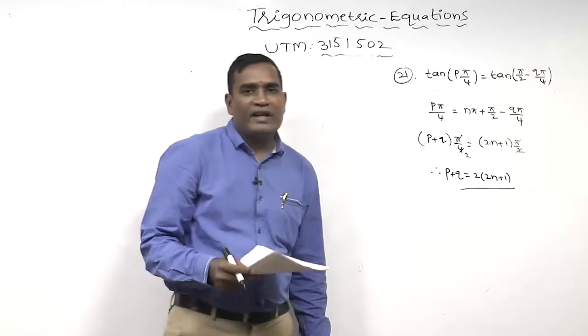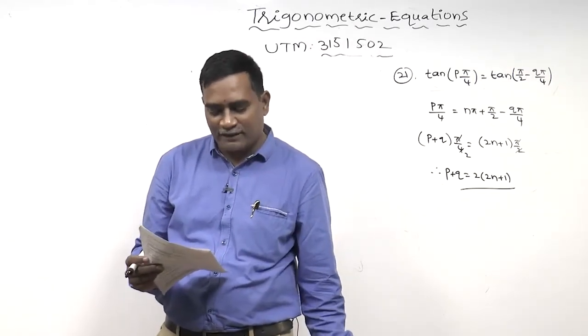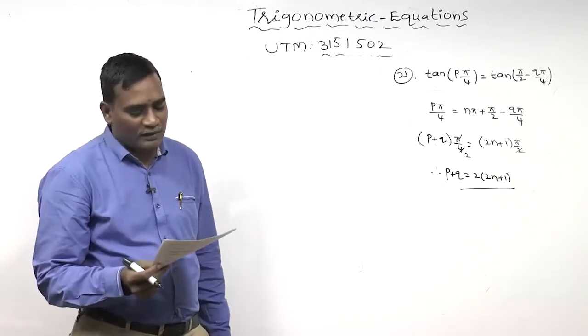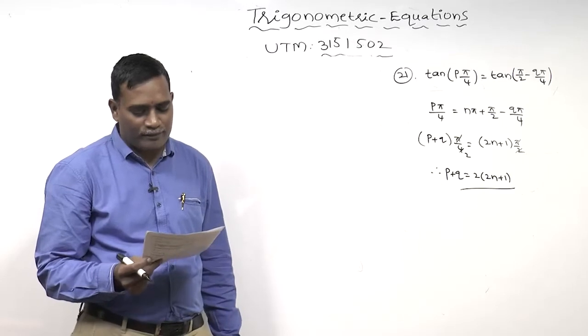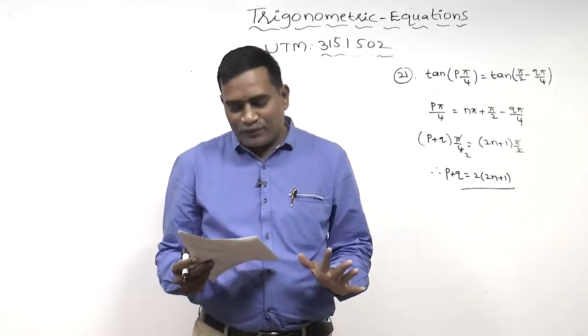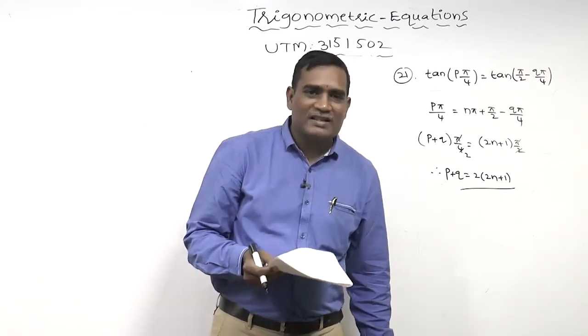Next, come to the 22nd question. What to do? 22nd question, it is a very easy question. Match the following. See, without solving, we can say the answer. How? 1, 2, 3. In the third one, tan theta plus cot theta is equal to 2 is given.